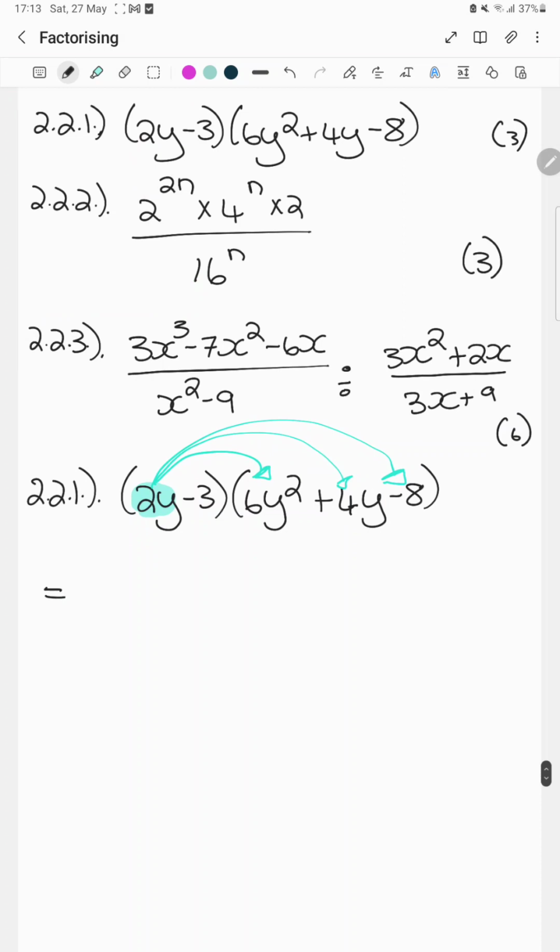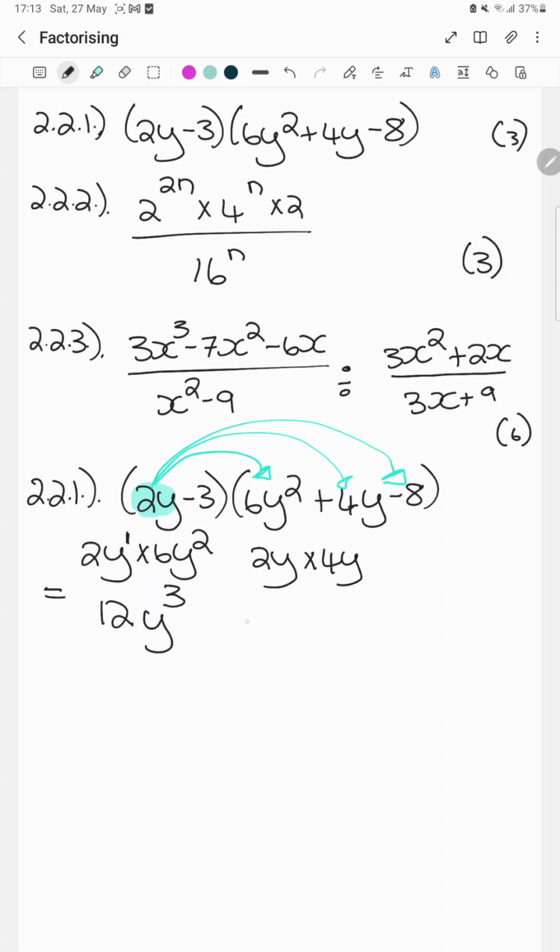Basically it's 2y times 6y squared. So 2 times 6 becomes 12, and y times y squared. Remember, if you're multiplying, your exponents add together. So this becomes y to the power of 3. Then we're going to say 2y times 4y, which is 2 times 4 becomes positive 8, and y times y becomes y squared.